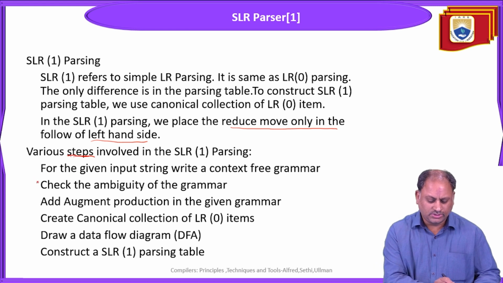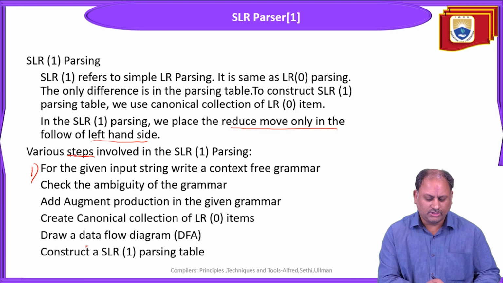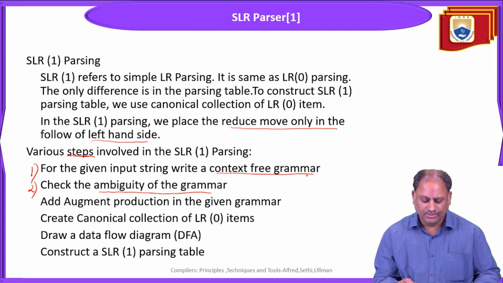First step is the context free grammar, and the second step is to verify the ambiguity of the grammar. We know from the previous classes how to eliminate ambiguity if the grammar is ambiguous.